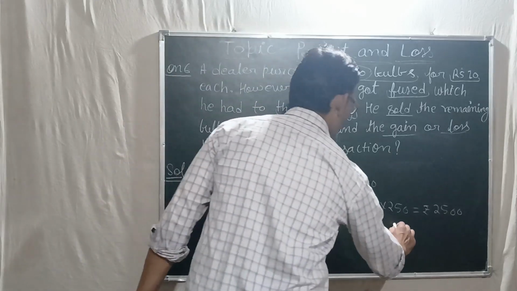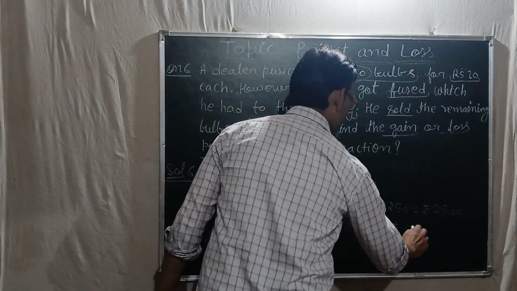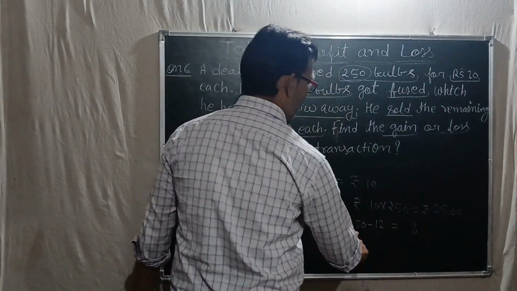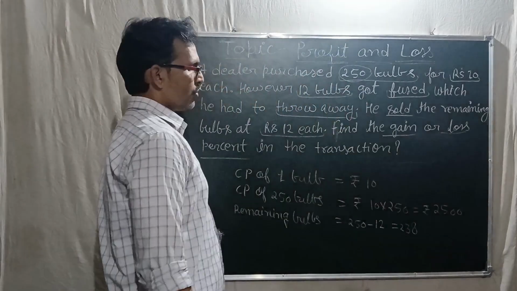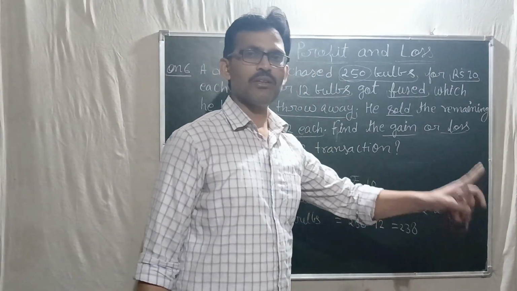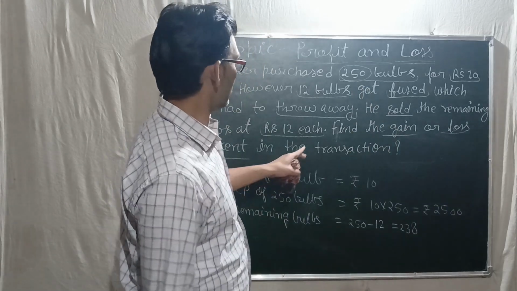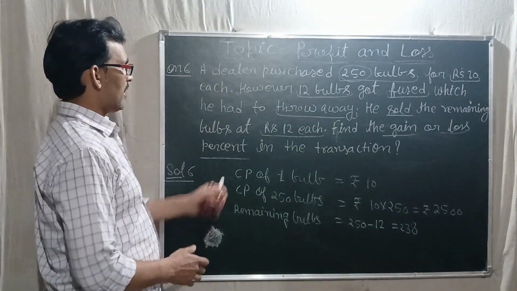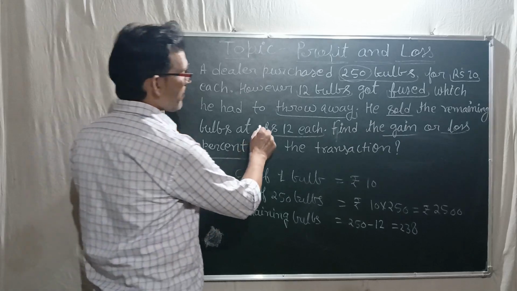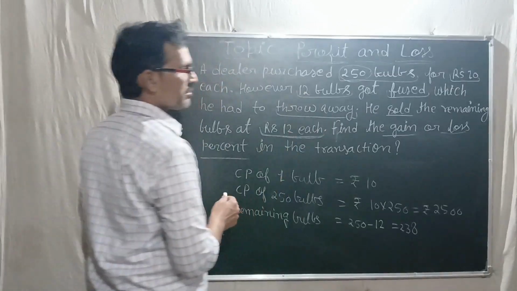So it will be 238. He had to sell 238 bulbs, and the selling price of one bulb was 12 rupees.